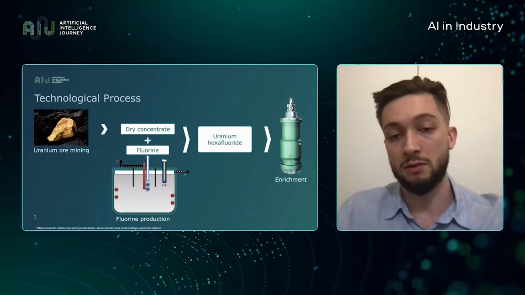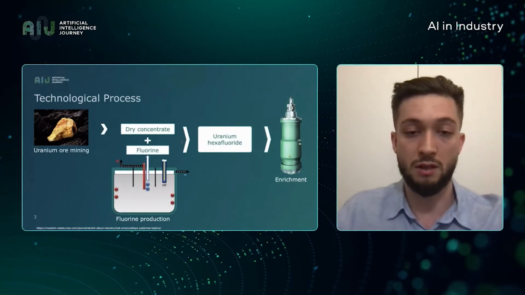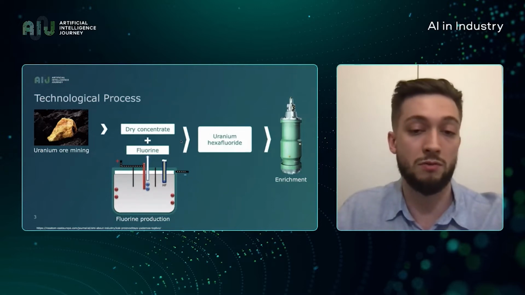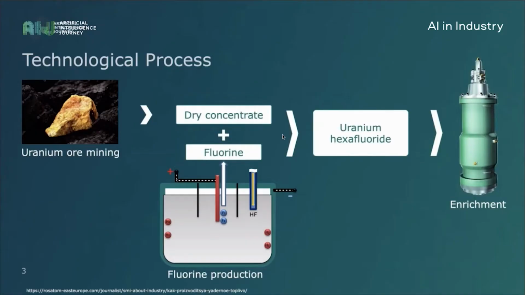To get fluorine, you need electrolysis. It's all standard. You have electrolyte, fluorine, hydrogen, and you get the process fluorine, the gas you need.